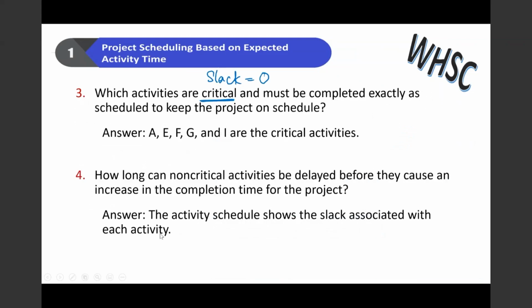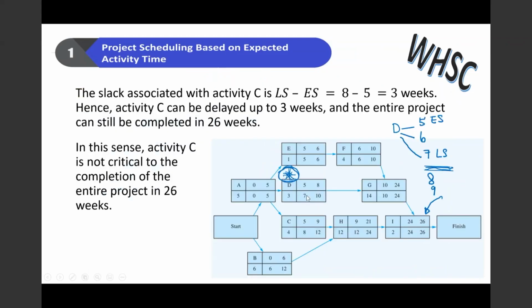So how long can non-critical activities be delayed? Depending on the project, activity D can be delayed for 2 weeks from the early start date because there is slack. S equals 2 here, so it can be delayed for 2 weeks.